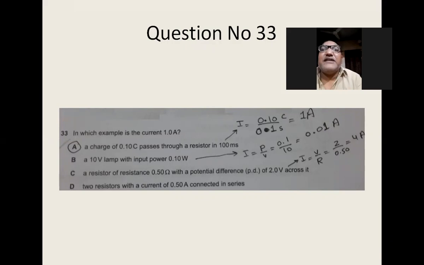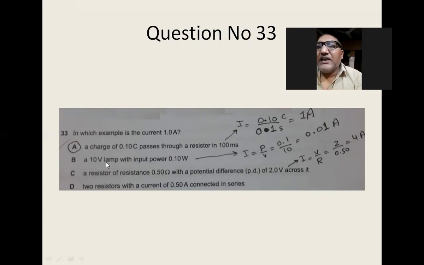We convert milliseconds into seconds. To convert milliseconds into seconds, you divide by 1000. So 100 divided by 1000 gives you 0.1 seconds. So for the A option, the current will be 1 ampere. So A is the right option actually.